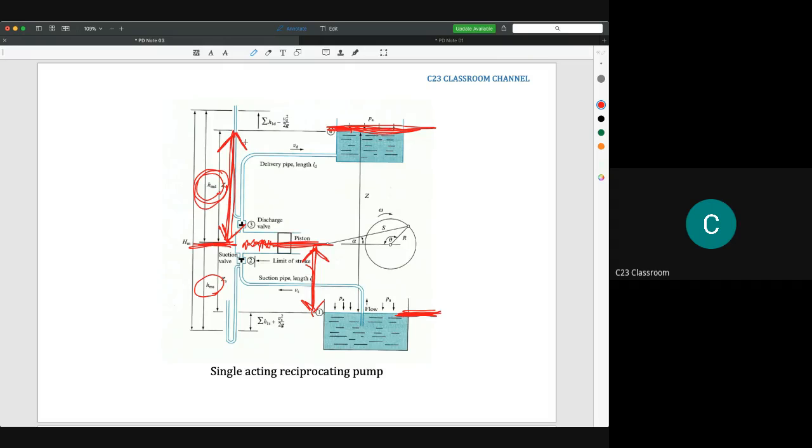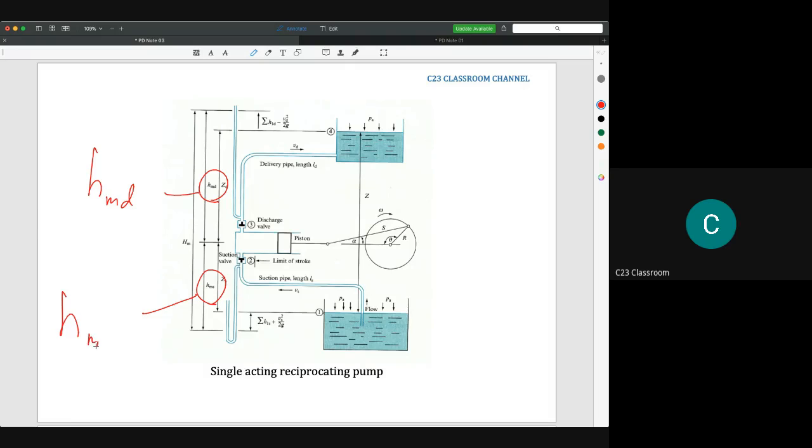In this diagram, it is written as HMD and we have HMS. The M here means manometric. You know that manometric means the height that the pump could deliver the water.